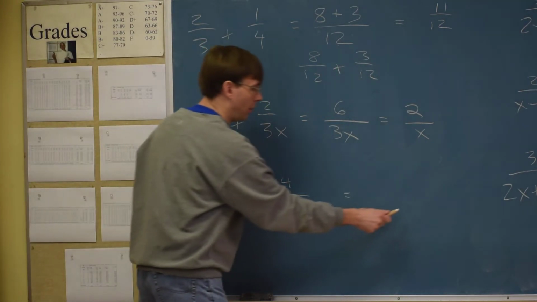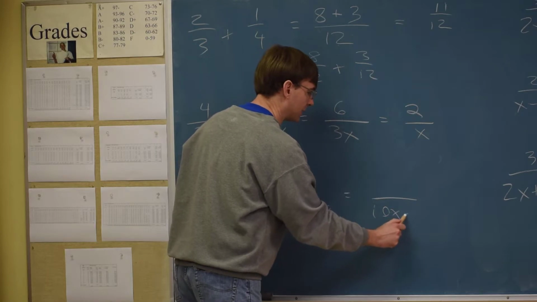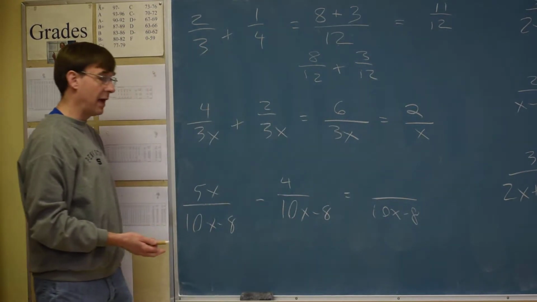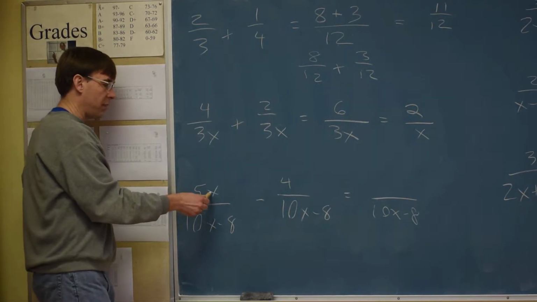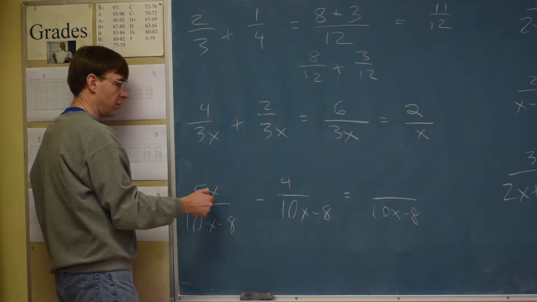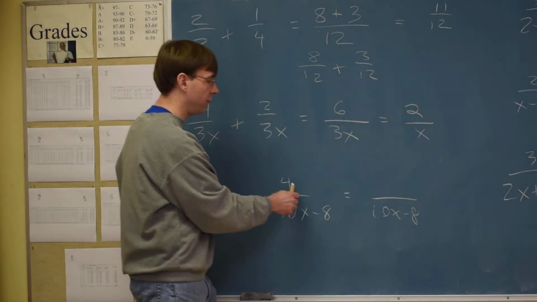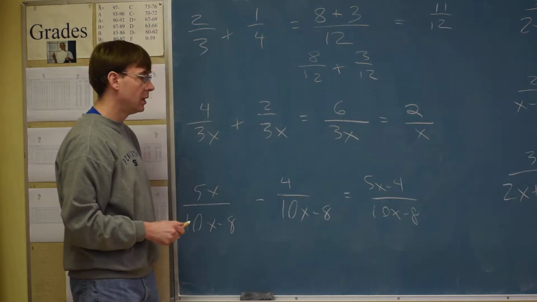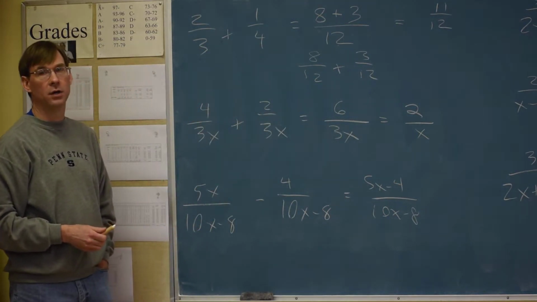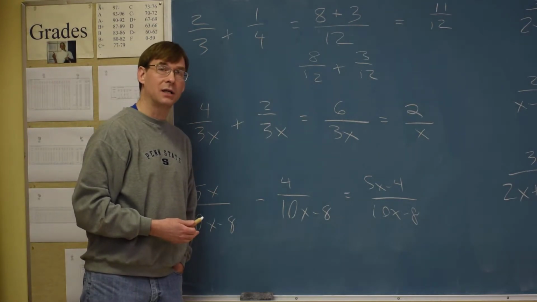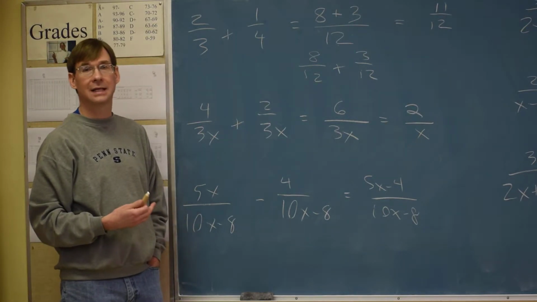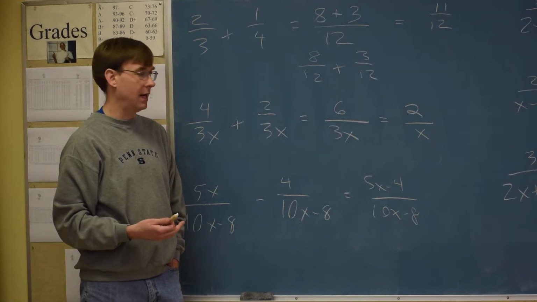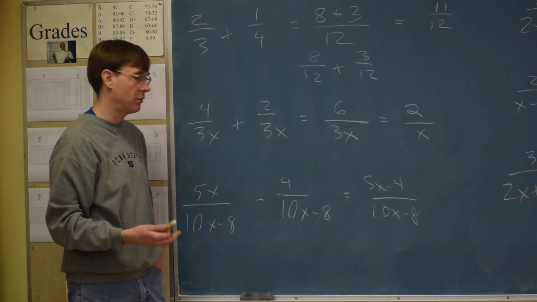This one, we have a common denominator, 10x minus 8. Just keep that the same. On top, these are unlike terms. So for 5x to try to subtract 4, the best you can do is 5x minus 4. This time when we think about reducing, if it's adding or subtracting present, you can't do any kind of reducing, canceling, almost anything unless you can try to factor first.